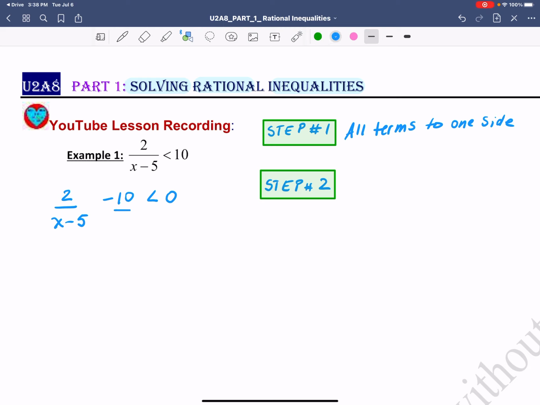Turn the number into a fraction and find the lowest common denominator. So we'll write in here simplify, and that will mean in this case combine all terms into a single rational expression.